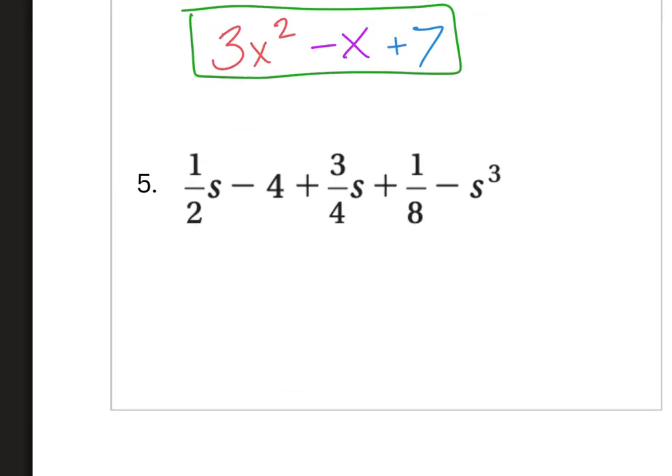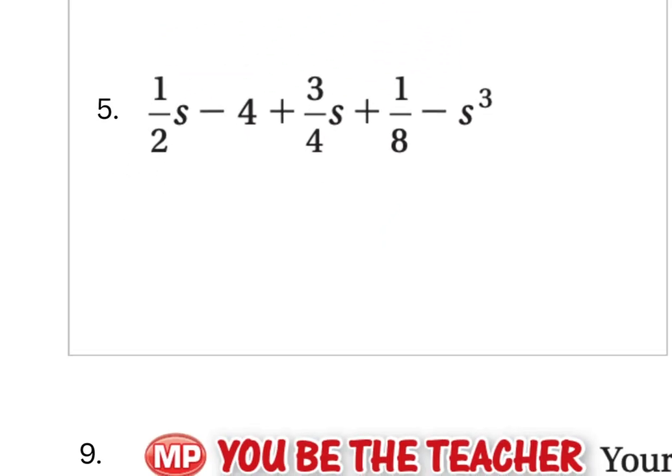Number 5 might give you like nightmares, but hang on. There's 1/2 s, just an s, right? Look, here's just an s. Negative 4, I don't see anybody. Oh, that guy's the same as him. And then last but not least, we have s cubed. So here's what I'm going to do.